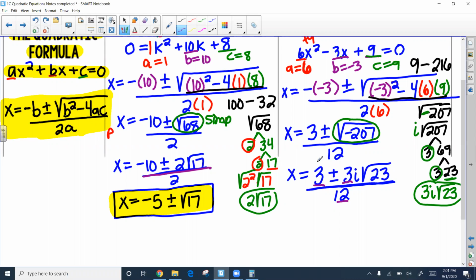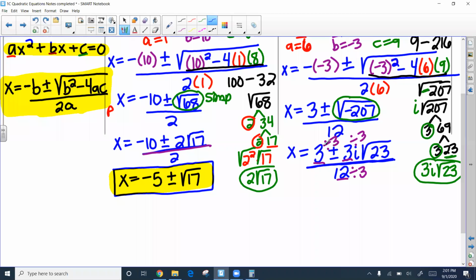So one thing we could do is we could divide all of these by 3 to reduce. Notice I wouldn't do anything with the radical because the 23 is under the radical. So I can't do anything with that. All right, so if I divide here, 3 divided by 3 is 1, plus or minus. Here, the 3 divided by 3 would give us a 1 as well.